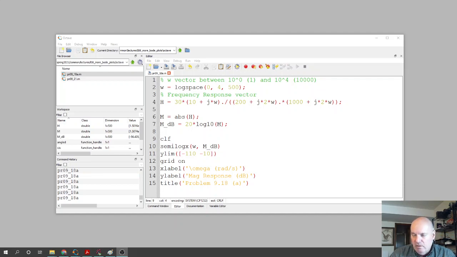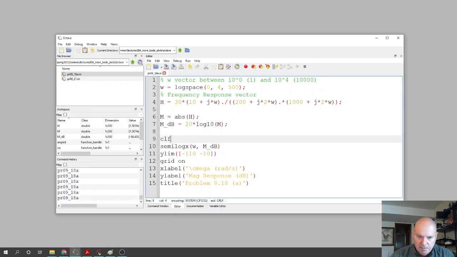And I rescale the y-axis, so it has a similar vertical scale to our hand-drawn plot. So again, just a couple of lines here to get the magnitude response, and then actually more lines to plot the response than to actually get the vector containing the magnitude response.